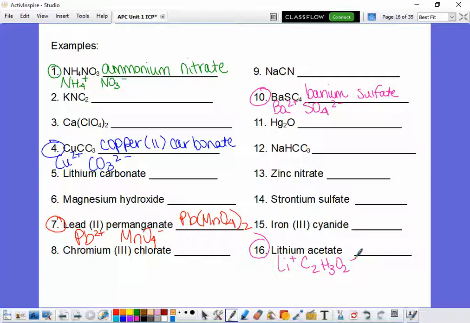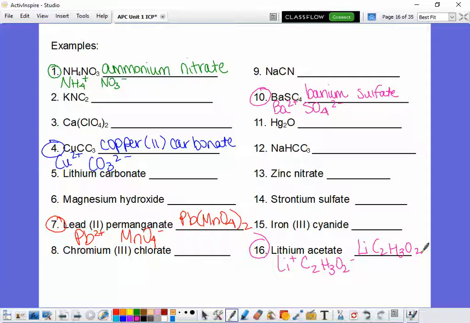Or if you write it in the structural formula, it'd be CH3COO minus. Either one. All right, so what is that formula? Okay? And you have other ones there you can practice.